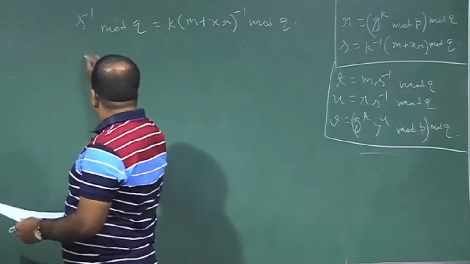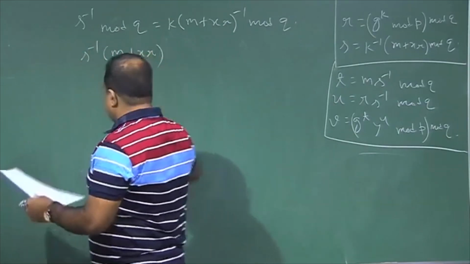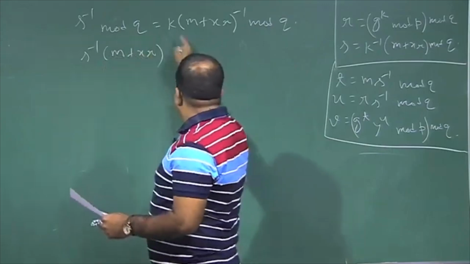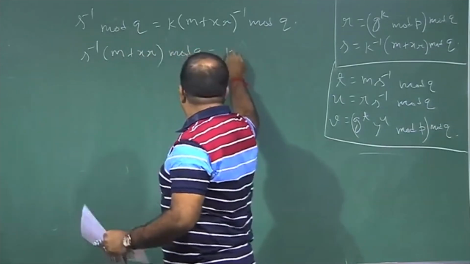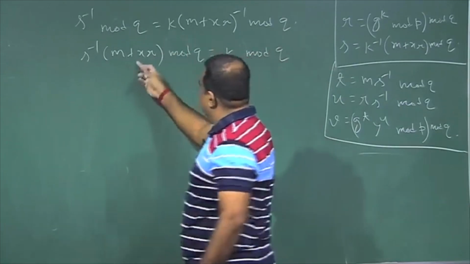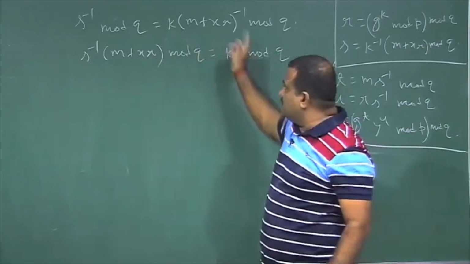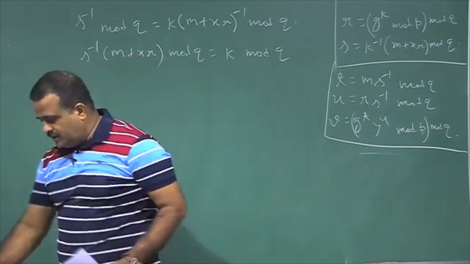Now, this implies S inverse times (m plus xr), if we multiply, this will give us k mod q. Okay. So, we are multiplying just m plus xr, so it will cancel out, it will give us k mod q.